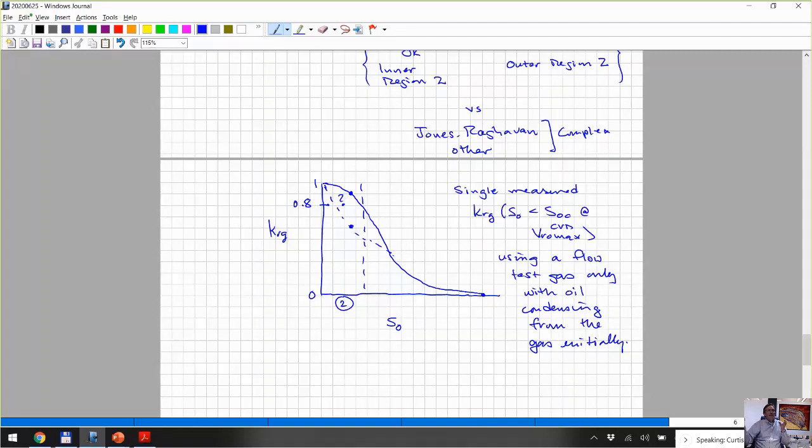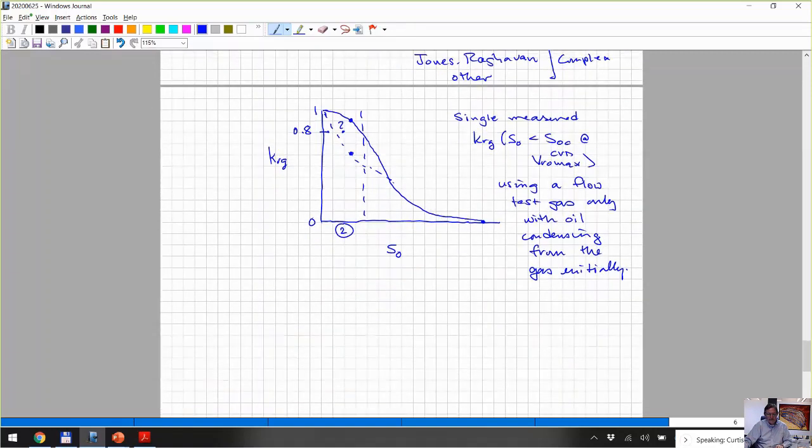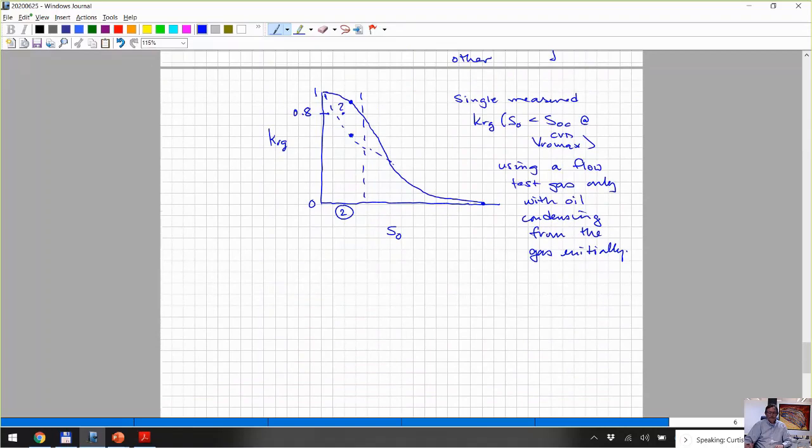Then we'll flow the equilibrium gas at that pressure and measure the permeability of the equilibrium gas. So you don't get any vaporization of that liquid condensate. That's the best way to do the experiment. Singh can probably give some more details about how that's done.